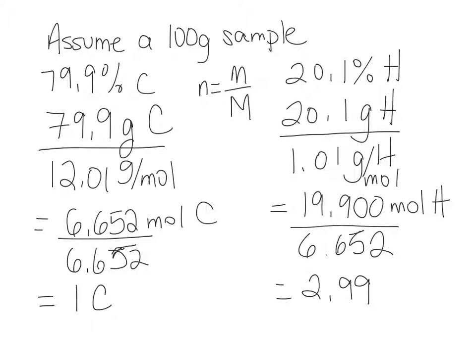You can round 2.99 because it's off by 100th to the nearest whole number. So how many hydrogens for that carbon? 3. So our empirical formula then is CH3. CH3.